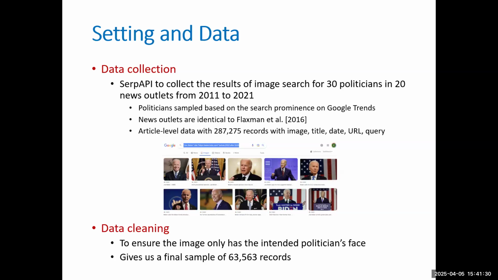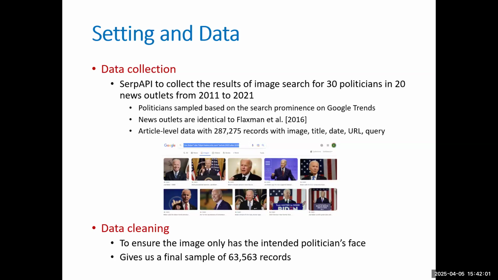All right, so setting and data. We use SERP API to collect the results of a Google image search for 30 politicians in 20 news outlets from 2011 to 2020. The politicians are sampled based on their search prominence on Google Trends. News outlets are identical with data by Cliff Flaxman, Charles Howell, and Justin Rowe. And it gives us around 300,000 article records to work with: the image, URL of the article, and so forth.